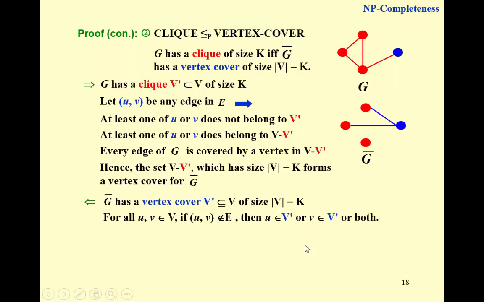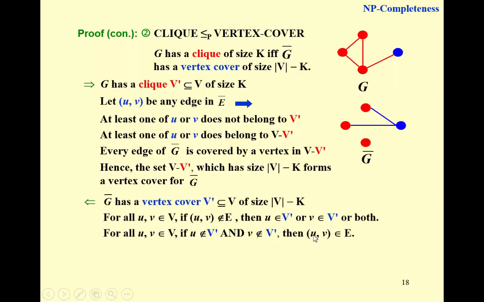In other words, it's equivalent to say that for all the pairs of U and V, if U is not in V prime and V is not in V prime, then this edge must be red.